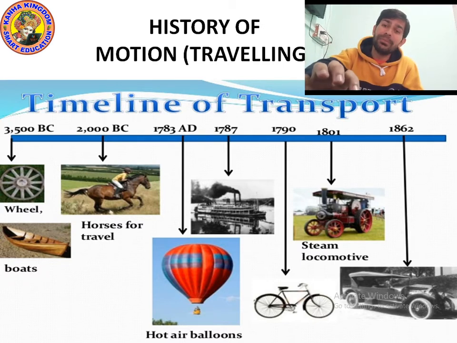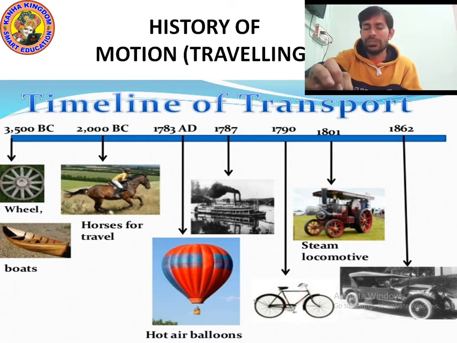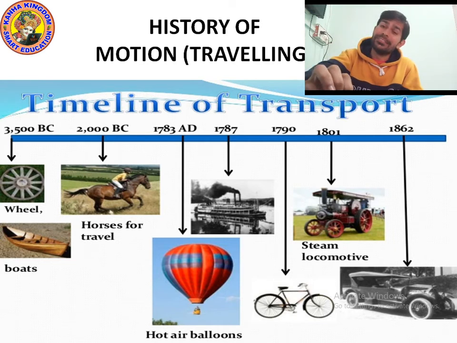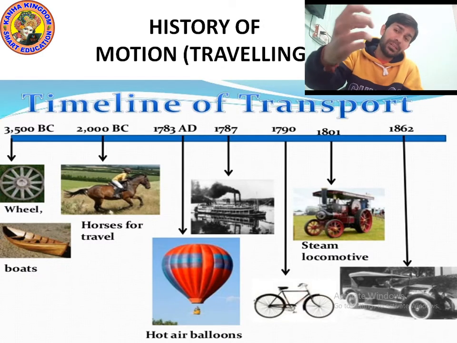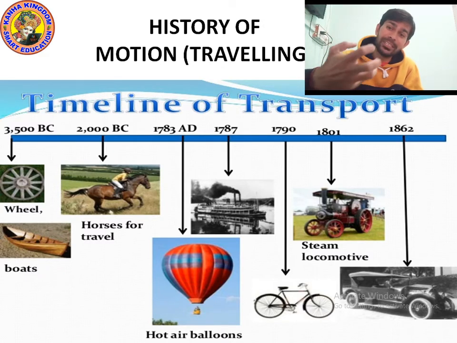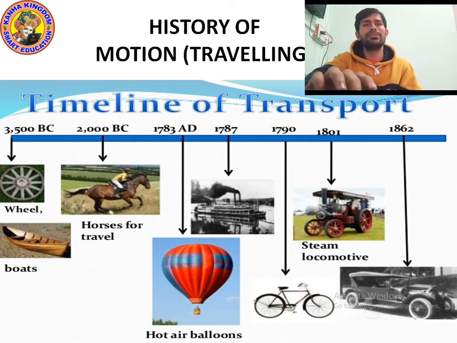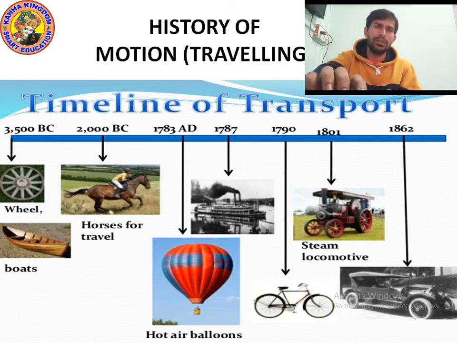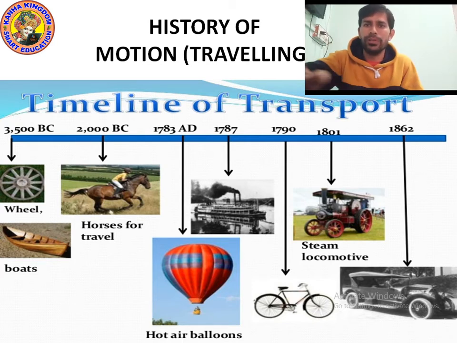Just by pressing one button, you can switch on a fan, using just a remote control. Everything is in your control, in just one hand, in just one remote. So nowadays we have developed. Kids, I hope you understood. Now, kids, let's talk about the types of motion. Let's move on to the next point.